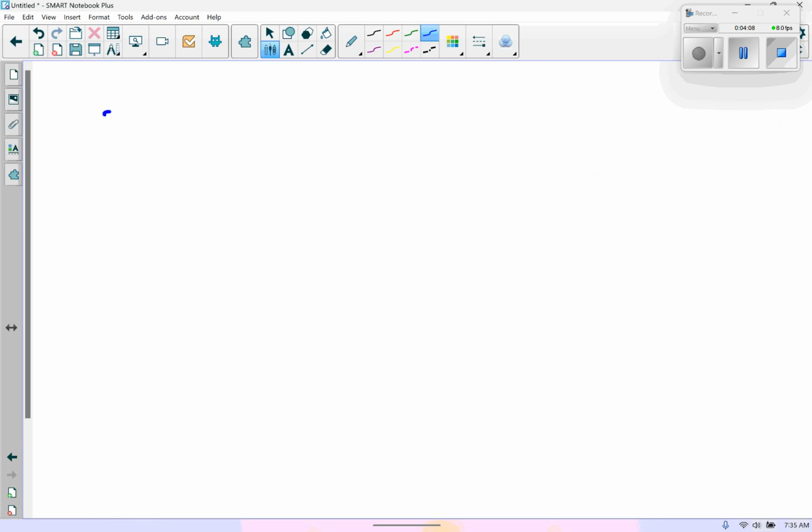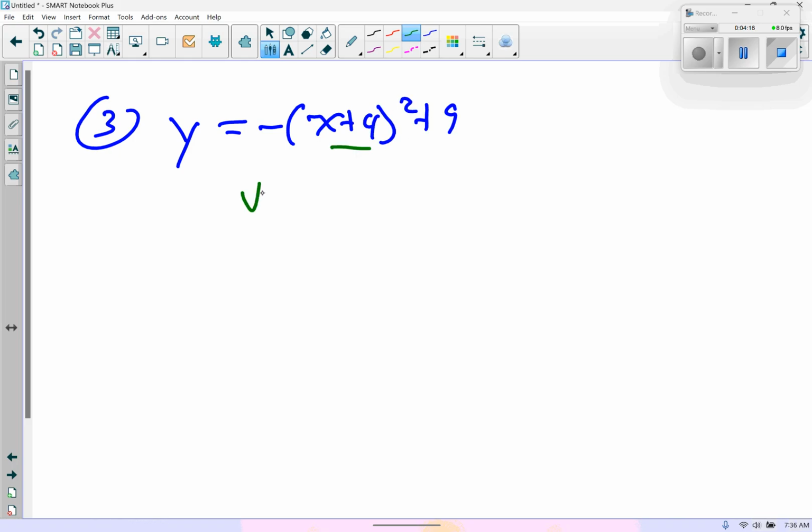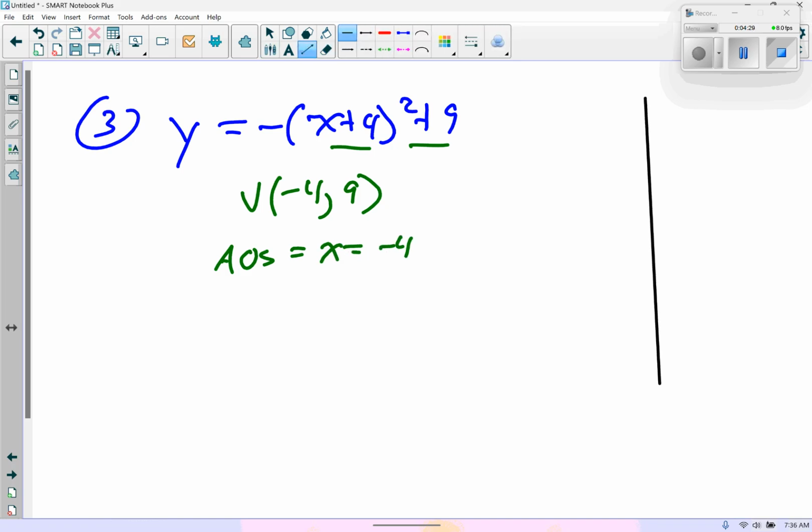Number 3, we have y equals negative (x plus 4) quantity squared plus 9. So opposite of that for my vertex is negative 4, same as that, which is 9. My axis of symmetry, we know is going to be x equals negative 4. So let's go ahead and draw our axes.